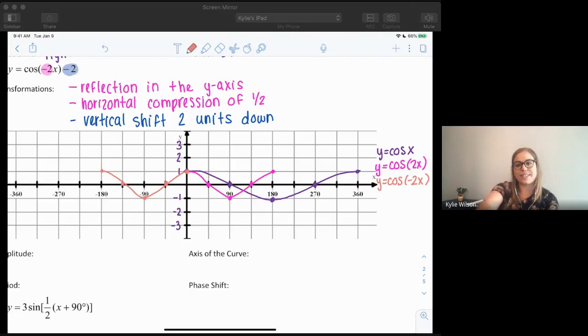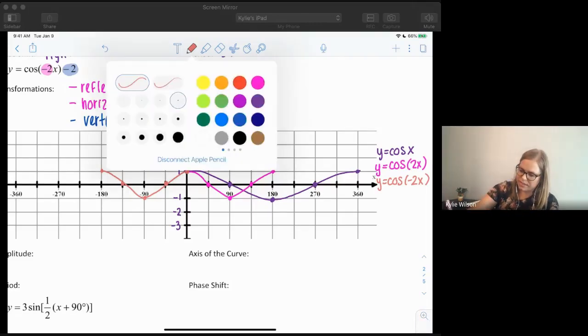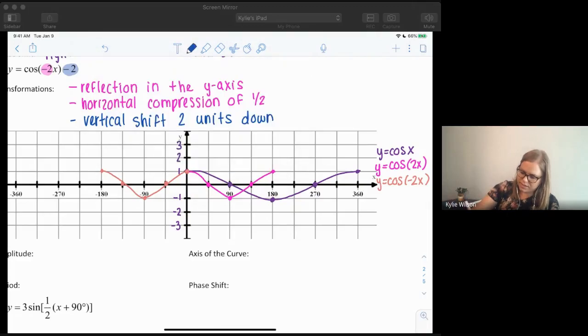Yeah, Dustin, you can type your question. So each of these dots is going to get shifted 2 units down, like this. So that one would be y equals cosine negative 2x minus 2.